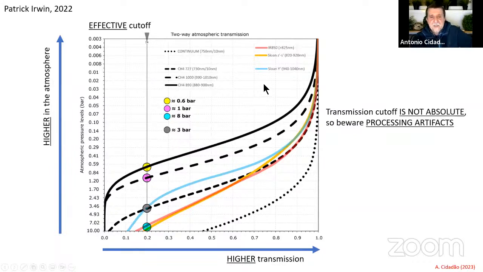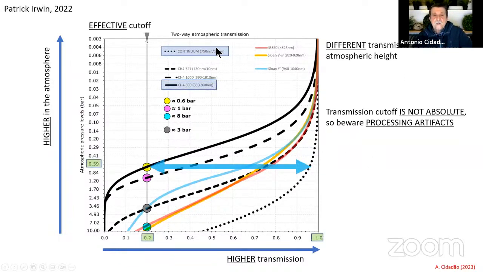As side information for those that are beginning and already have the Sloan ZX and the Sloan Y filter, they roughly behave as continuum-like and as a filter which is similar to the 727 methane band filter. So as a first approach, they can perhaps be used by those that try to do this kind of processing.